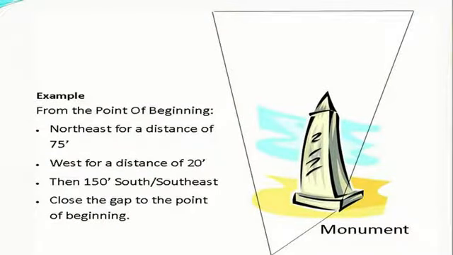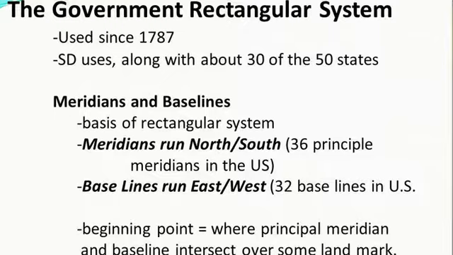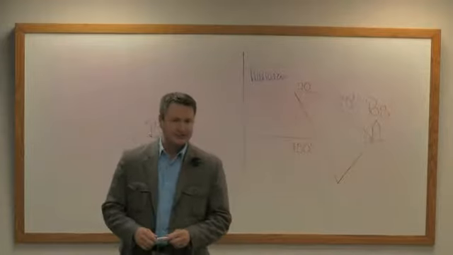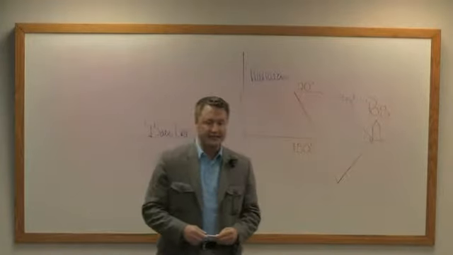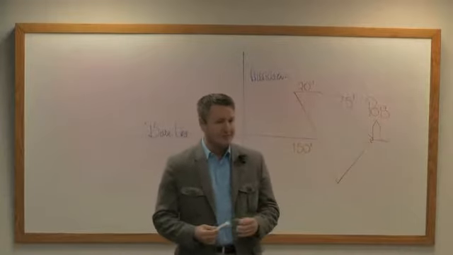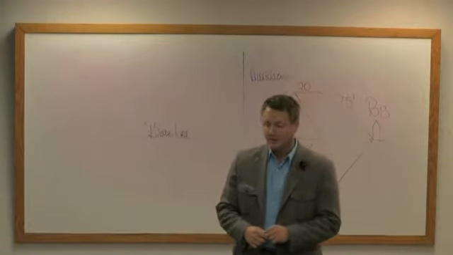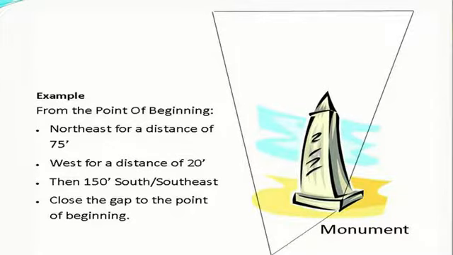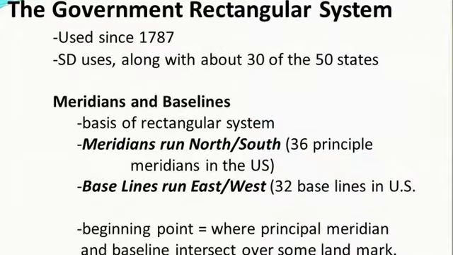In 1787, we came up with the government rectangular system. There's an example of this in your handout and a larger example of this in your book on page 40. We introduce then with that rectangular system the meridians and baselines. Now when you look at that map, it can be a little bit daunting.